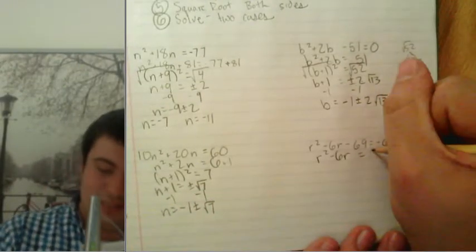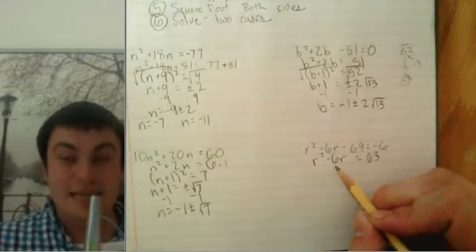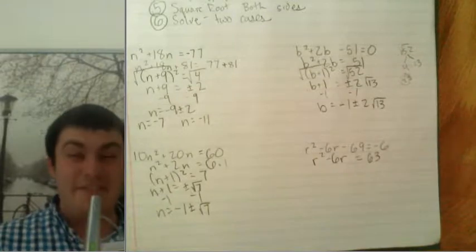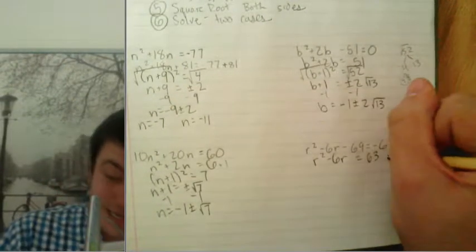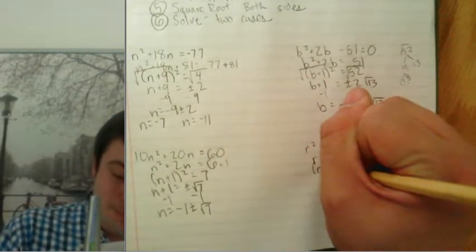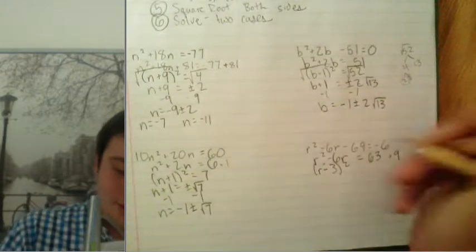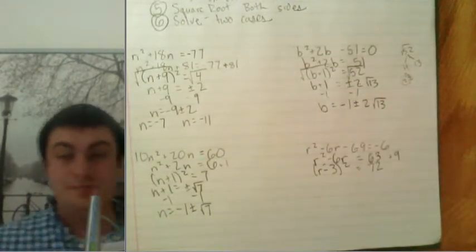Silly me, 63. Now I'm going to have to take negative 6, half it, so negative 3, square it, which is 9, to add over here. So we'll have r minus 3 squared equals 69 plus 9, which is 72.